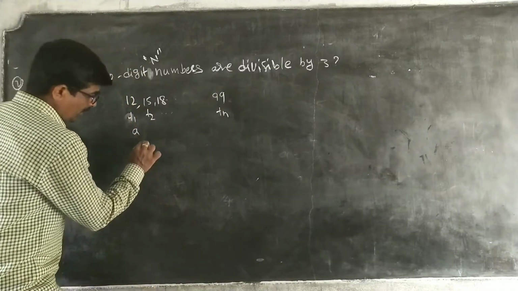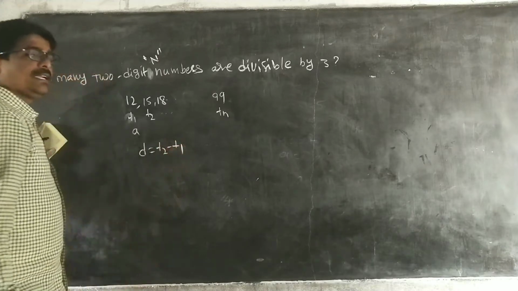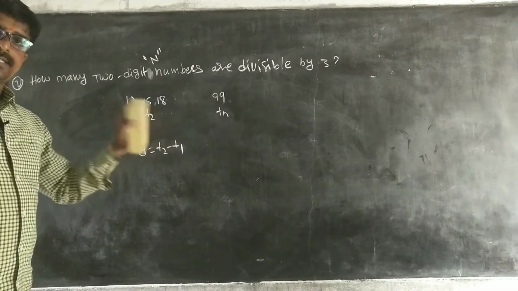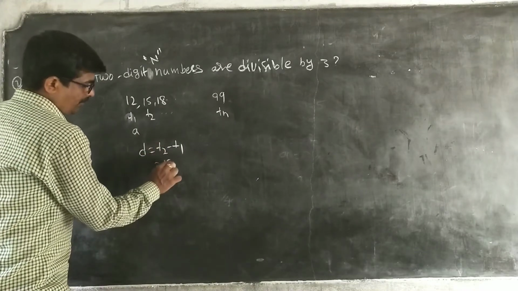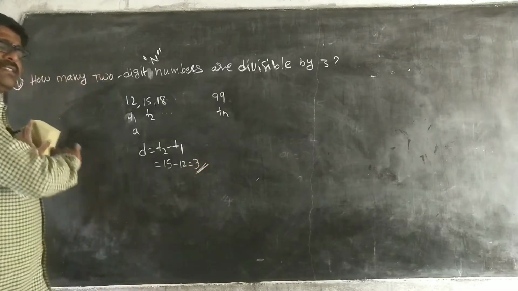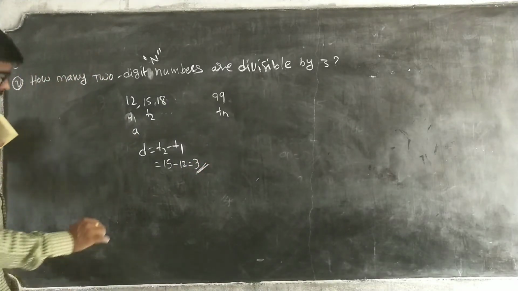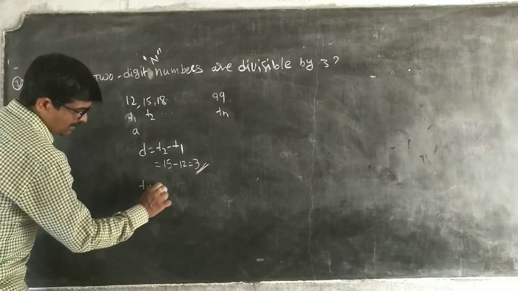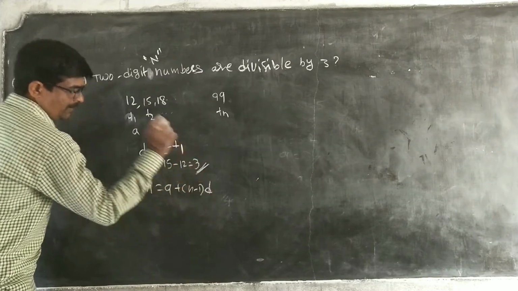What do we have to find? d. d is equal to T2 minus T1, that is 15 minus 12, which is 3. The difference is always the same. Next, the nth term: Tn is equal to a plus (n minus 1) into d.